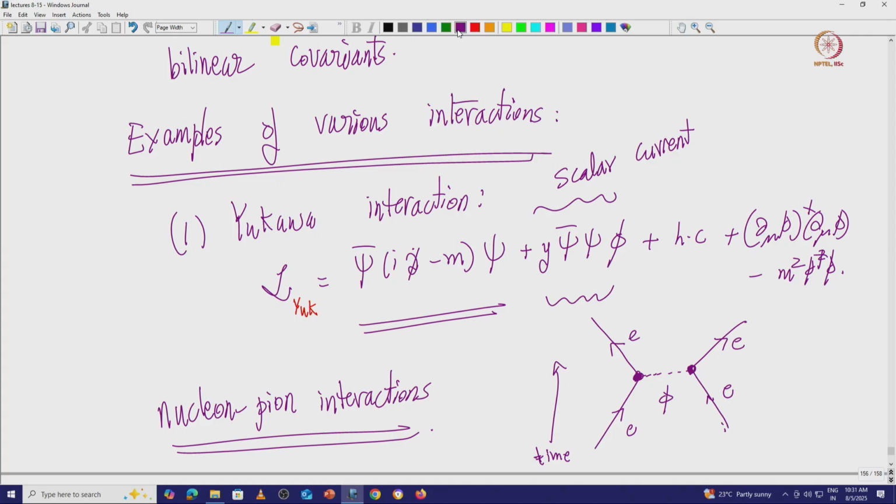The scalar current psi bar psi is invariant, and if you want to multiply another invariant quantity, the scalar field or the scalar wave function is an invariant quantity. You just multiply these, and you call this an interaction term. You just multiply this current with a scalar wave function, because the interactions are always current. So this is an interaction term.